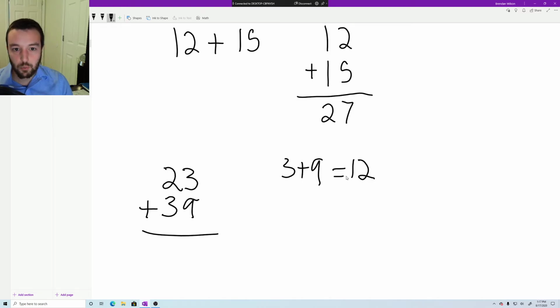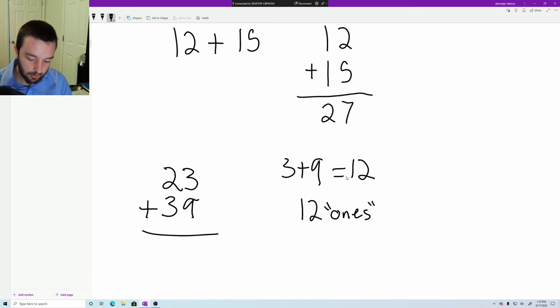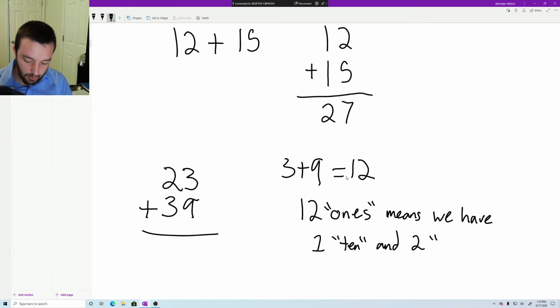But we can't really put 12 in the ones place because it's 2 digits instead of 1 digit. So 12 ones means we have 1 ten and 2 ones, right?